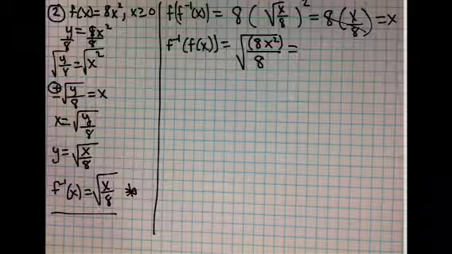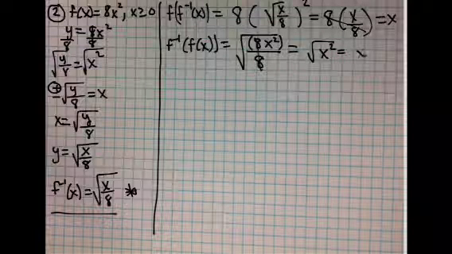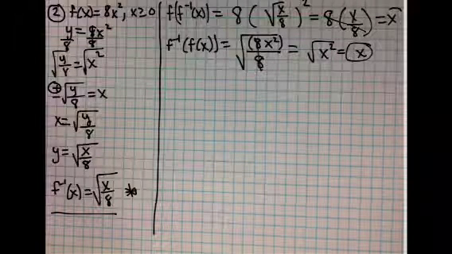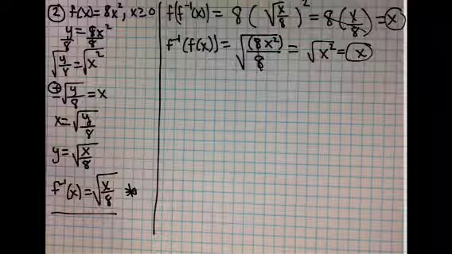Okay, so what happens? The 8 over 8 cancels, and you're left with the square root of x squared, which is x. Now, since both compositions gave you an x, then we know that our functions are inverses of each other. Okay, so now we're going to graph.